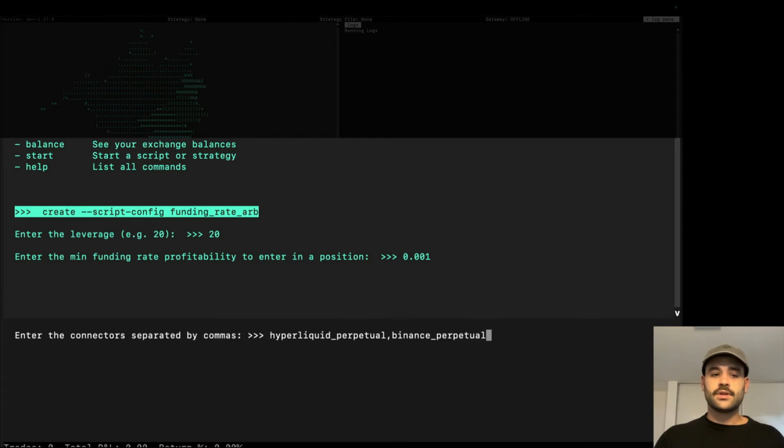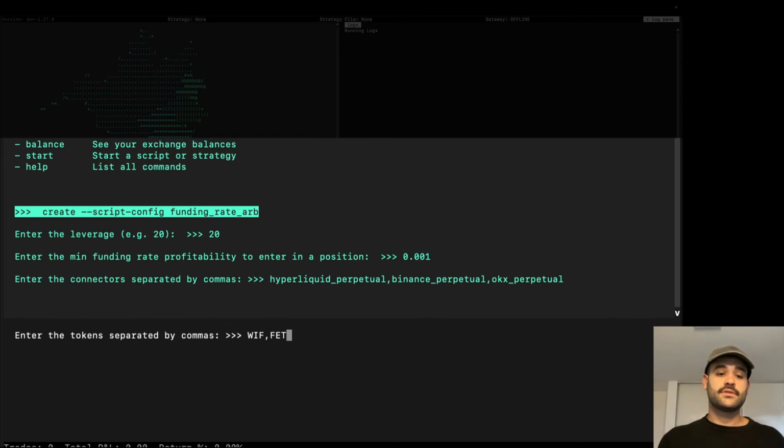Enter. So the connectors that we would like to trade, in this case Hyperliquid and Binance, and let's say that we also want OKX perpetual. We have 3 connectors, you can put as many as you want. One thing, remember that you are going to have rate limits. Well, some processes, so this is just one instance, so make sure that you are not putting a lot of overhead on the bot.